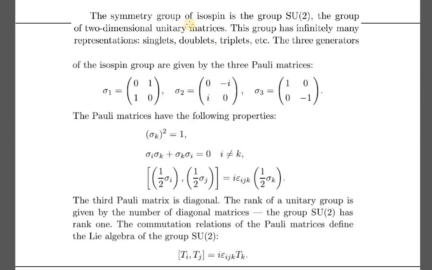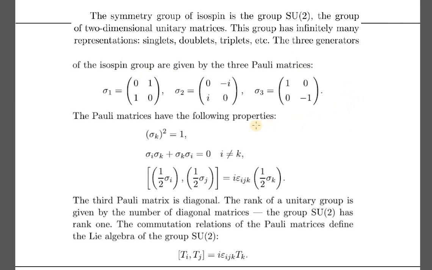The symmetry group of isospin is the group SU2, that is the group of two-dimensional unitary matrices. This group has infinitely many representations: singlets, doublets, triplets, etc. Here I have just written down the three generators of this isospin group, which are the three Pauli matrices.